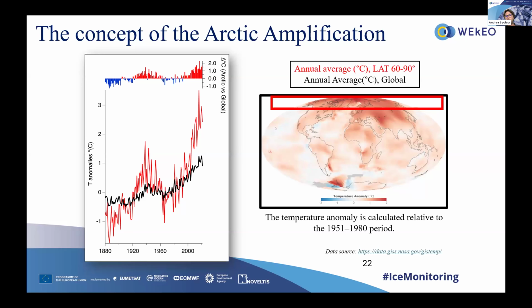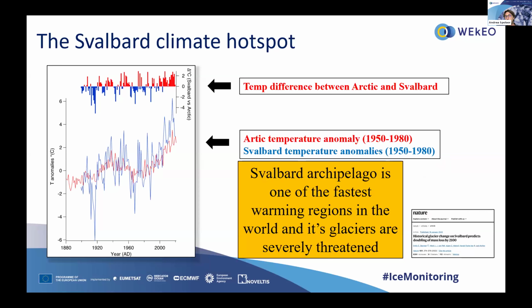However, this red curve is connected to the whole Arctic. But if you look in more detail at the Svalbard archipelago, still on the chart on the left, the red curve shows the temperature anomaly compared to a reference period, 1950 to 1980, for the whole Arctic.